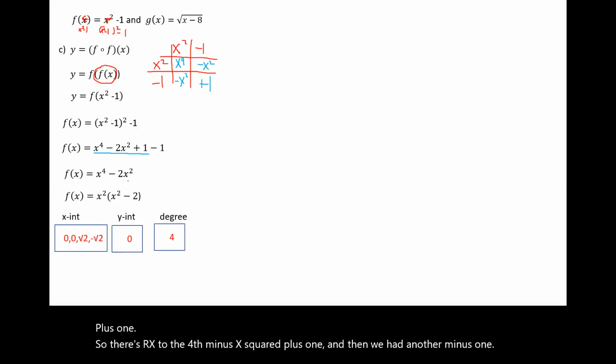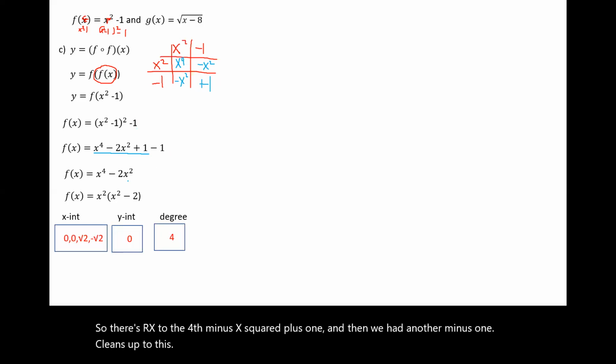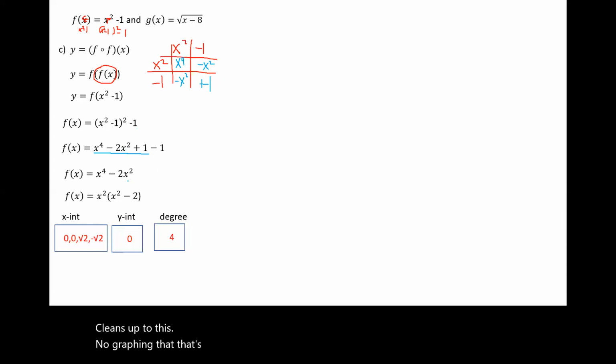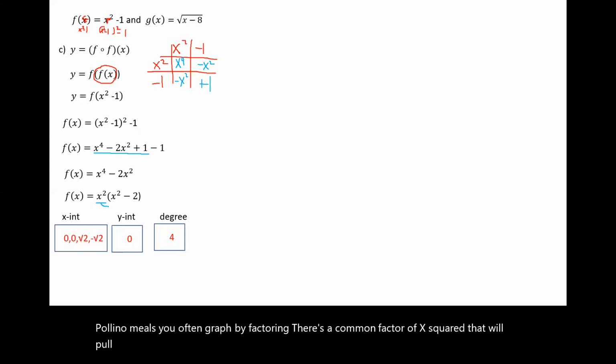Cleans up to this. Now, graphing that, it's a polynomial. Polynomials you often graph by factoring. There's a common factor of x squared that we'll pull out. Double check: x squared times x squared is x to the 4th. x squared times minus 2 is minus 2x squared. We find x-intercepts. There's 2 at 0.